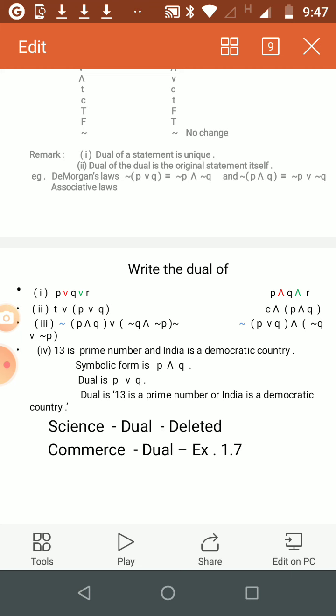This is a small topic. Commerce students have to study exercise 1.7 on dual. Next time we are going to study negation of the compound statement. Short answer questions can be asked based on this dual. We are going to discuss questions and answers shortly.